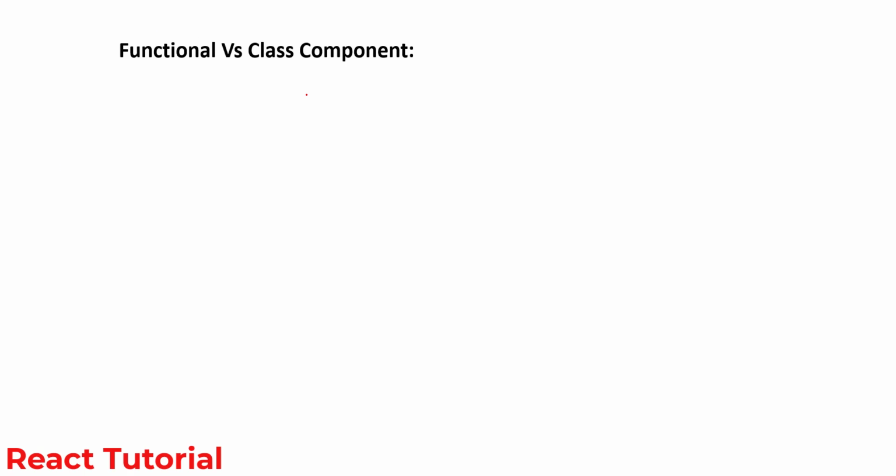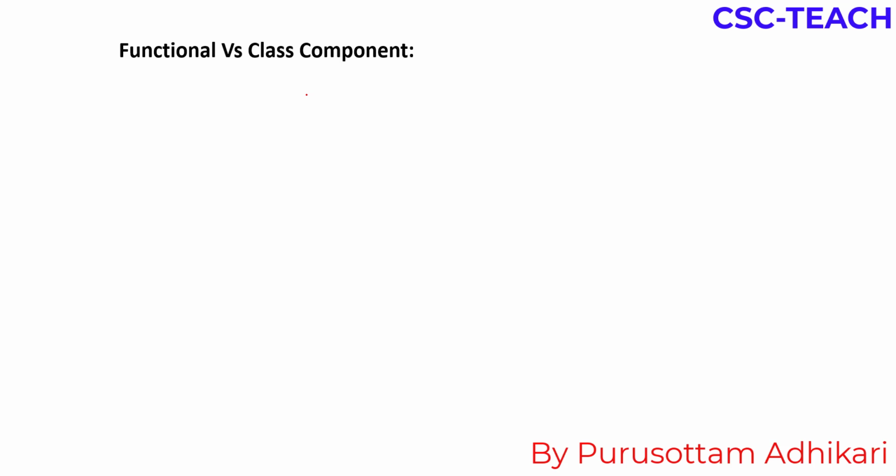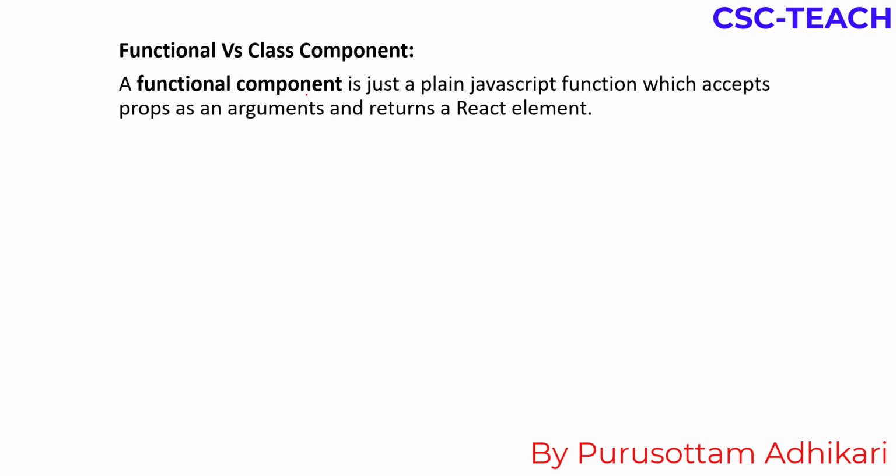Here is the difference between functional versus class component. Let's see the functional component first. A functional component is just a JavaScript function which accepts props as an argument and returns React elements.